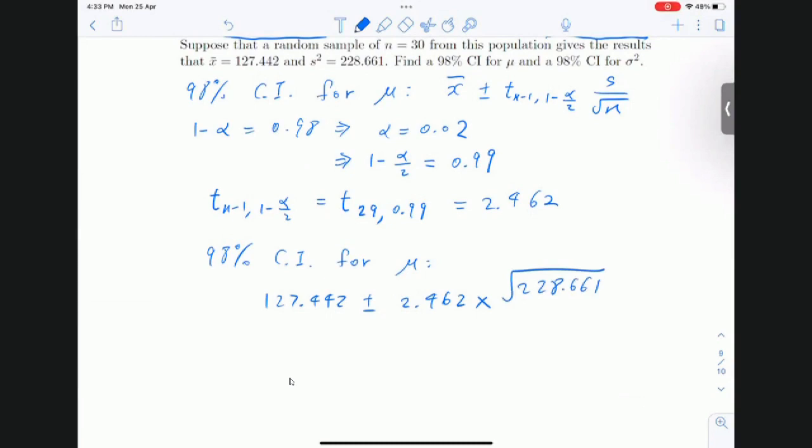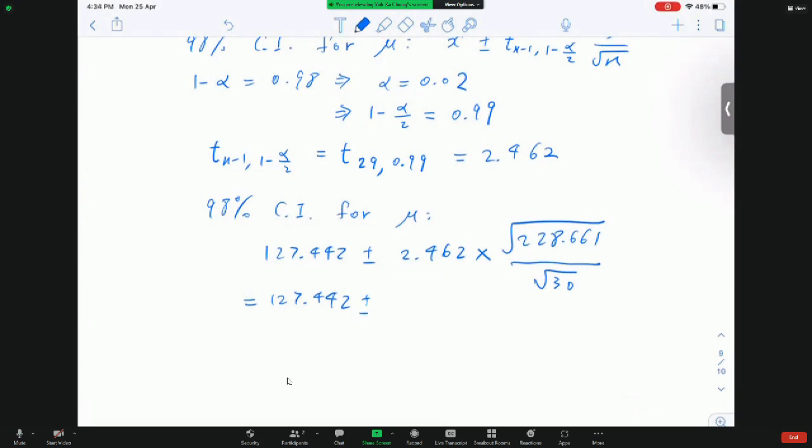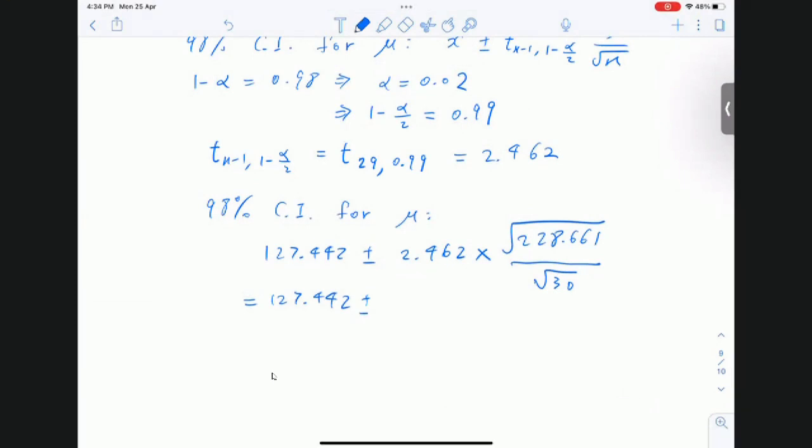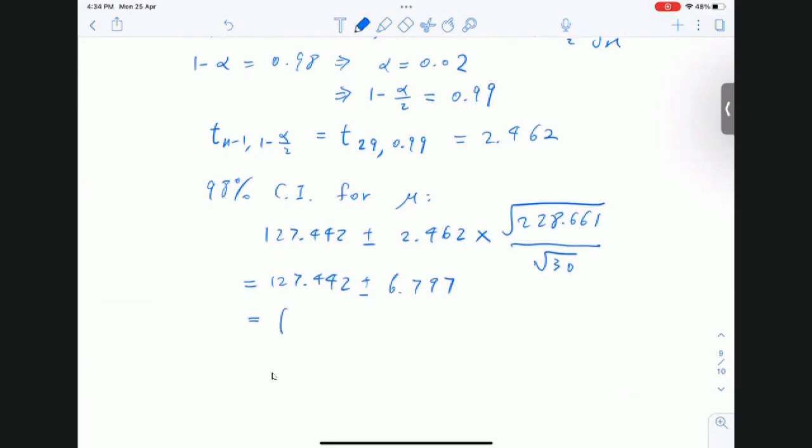The standard deviation will be the square root of it, divided by the square root of the sample size. Then the rest will be routine calculations. Expressed as an interval, it is from 120 to 134.